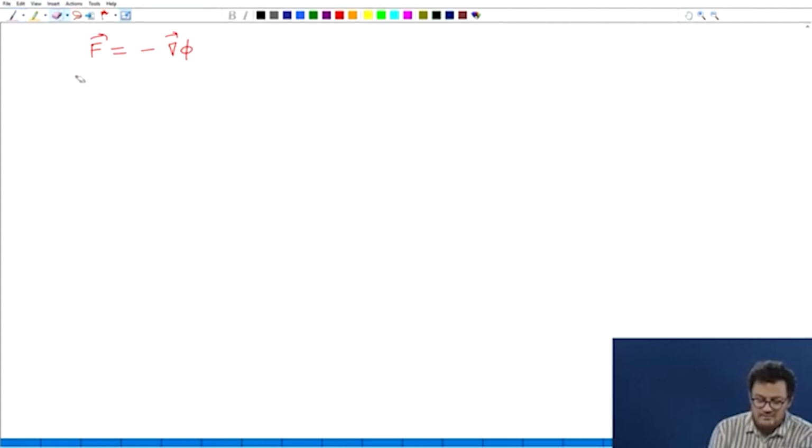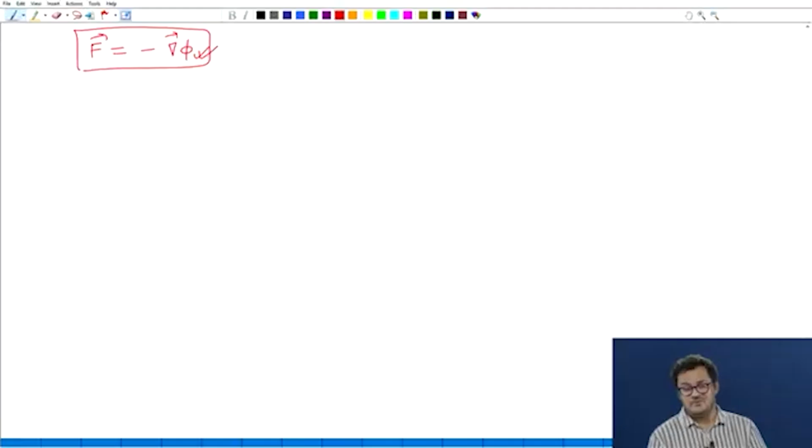If this is followed, and I give you the potential function, you can simply take the partial derivatives, calculate the gradient and tell me the force. Now, the other way is easy as well.